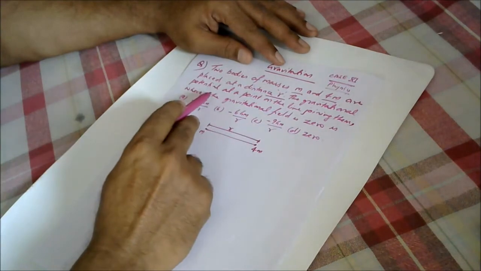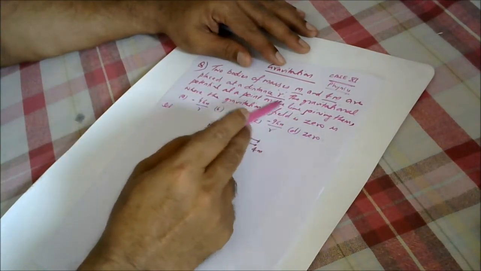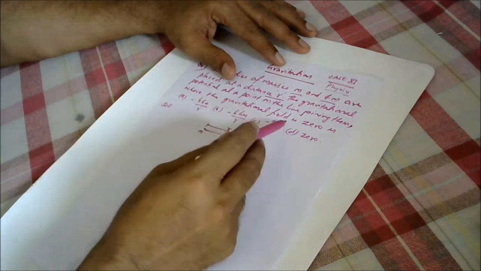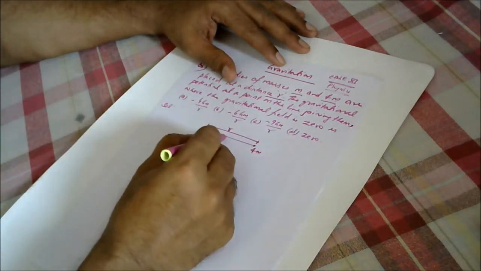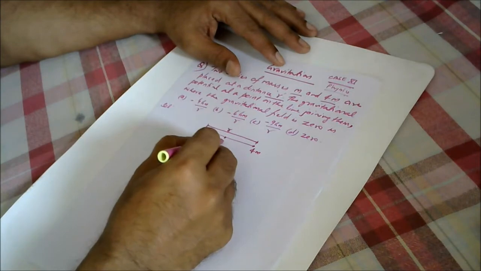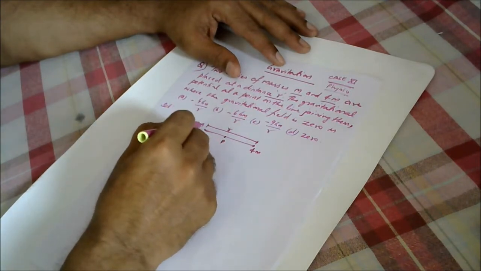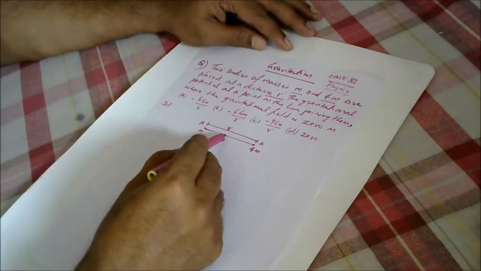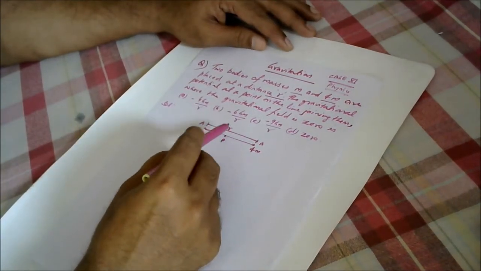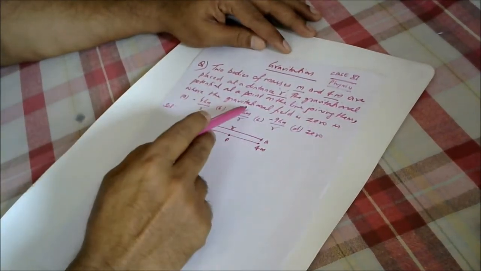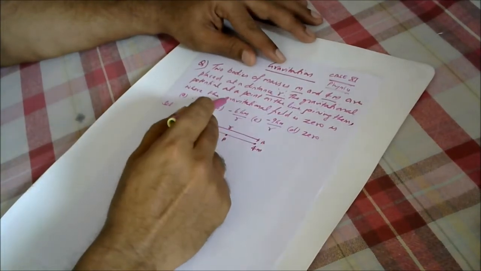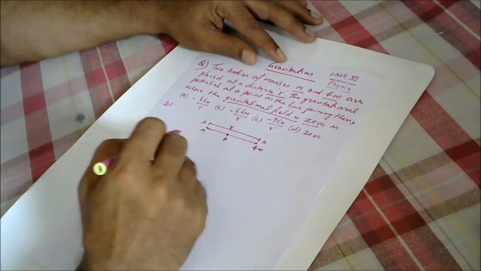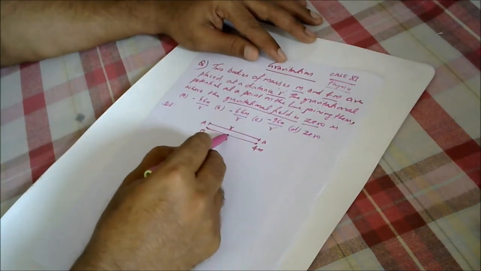Now the gravitational potential at a point on the line joining them, where the gravitational field is 0. It means somewhere, some point, let us take it as P. If this point is A, this point is B. So at this particular point, the gravitational field is 0.